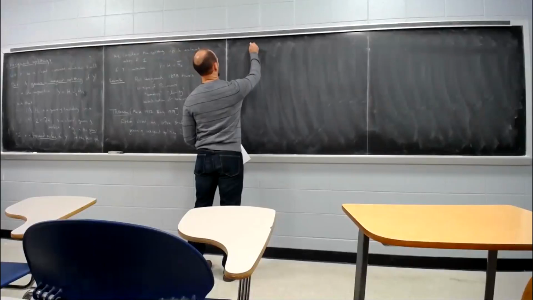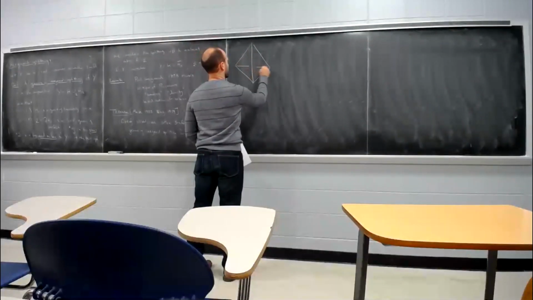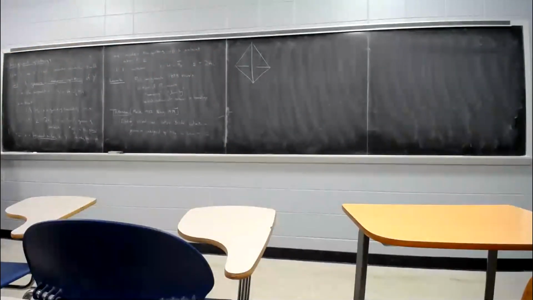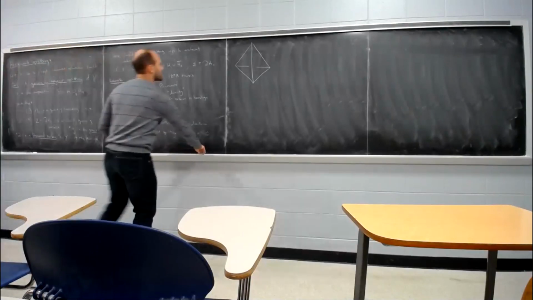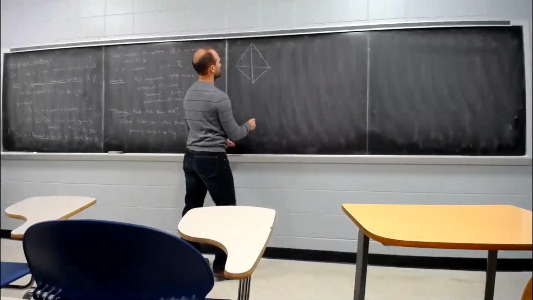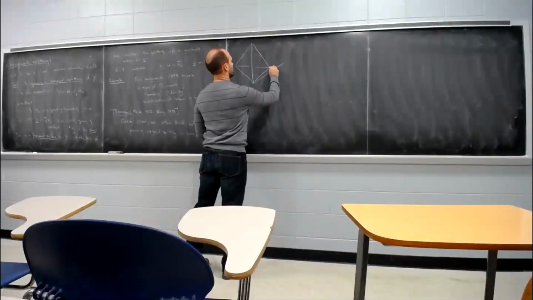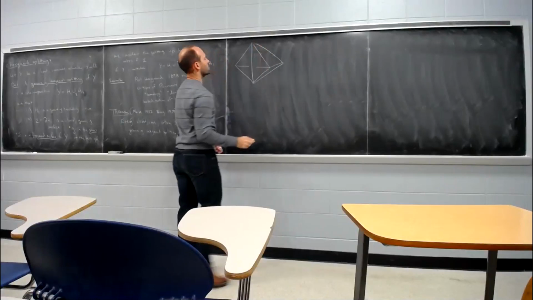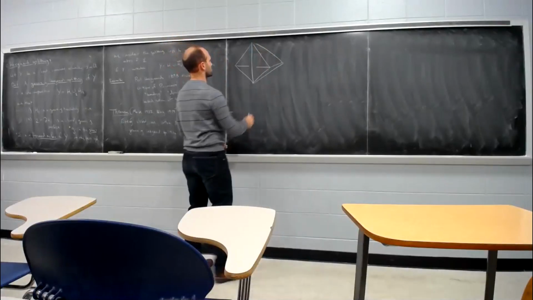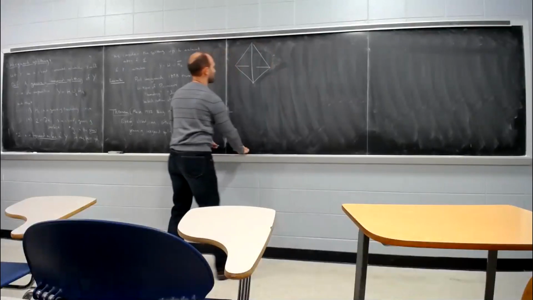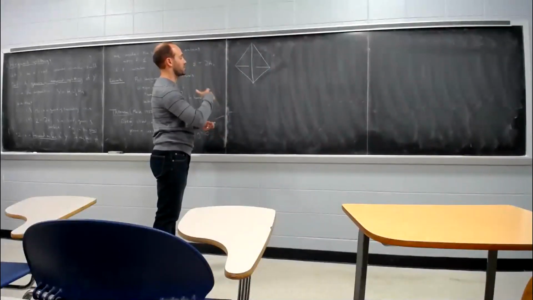And so maybe I'll just try to give an idea of how that works. So you have a triangulation of your three manifold. That means it's cut up into these tetrahedra. And so then this is a cellular decomposition of a special type.